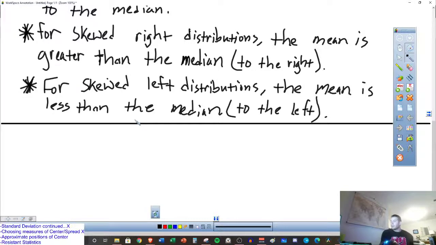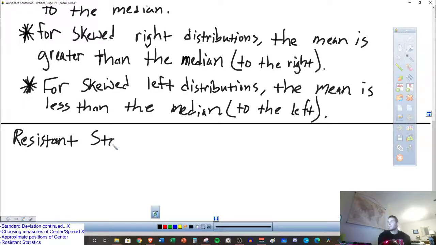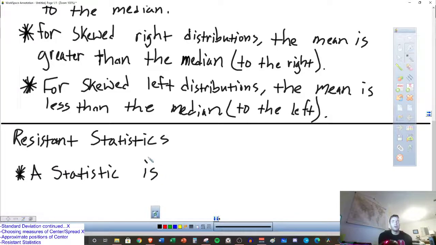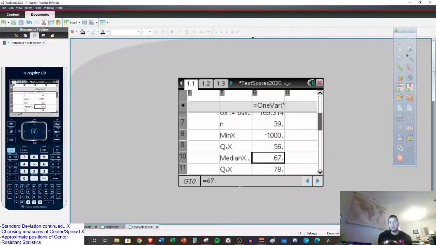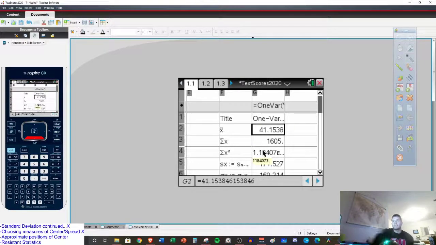Now, the last thing we want to talk about is what's called resistant statistics. So we're going to write down a definition right here. A statistic is, and when we say statistic, we're talking about the summary statistics. So we're talking about all of these here, right? All of these are statistics.